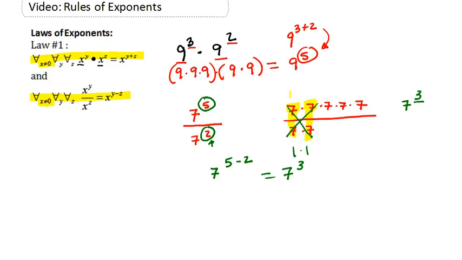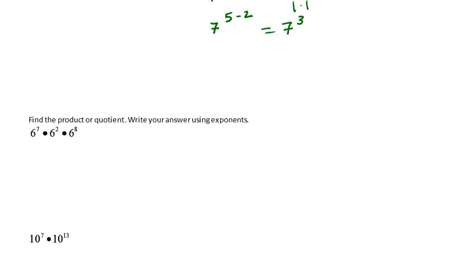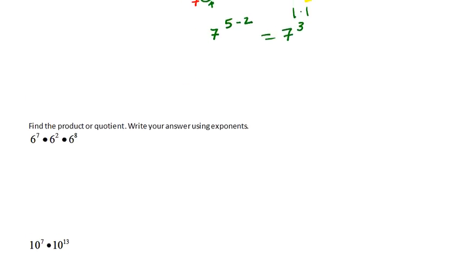Now let's apply this to some specific problems. It says find the product or quotient. Write your answer using exponents. What this means is that you're going to write your final answer using a power.